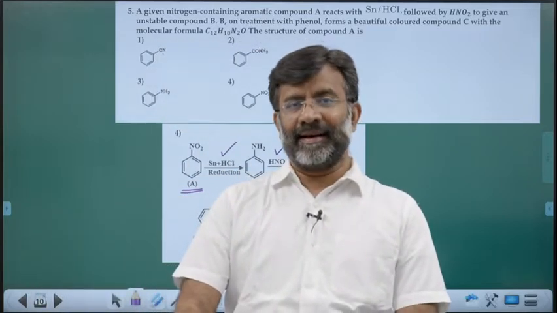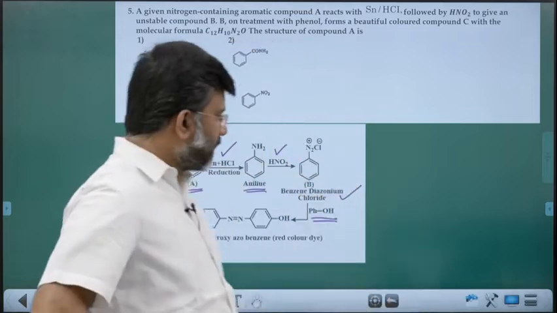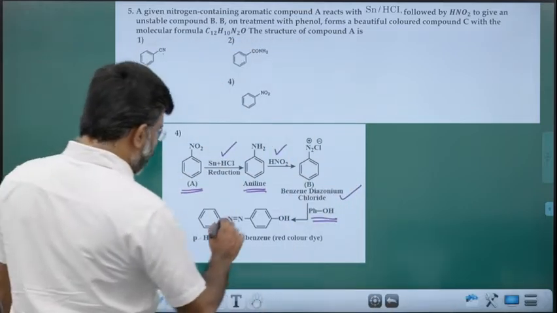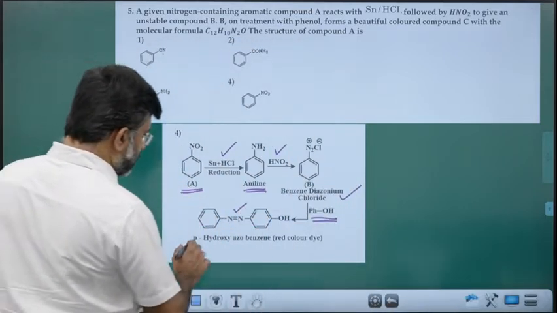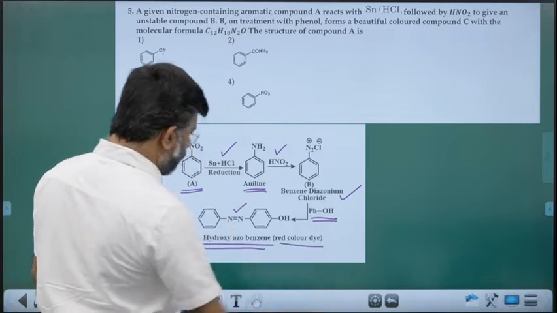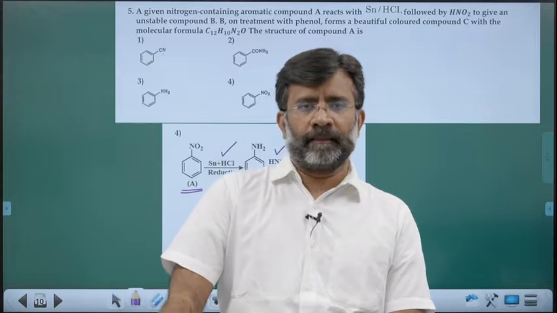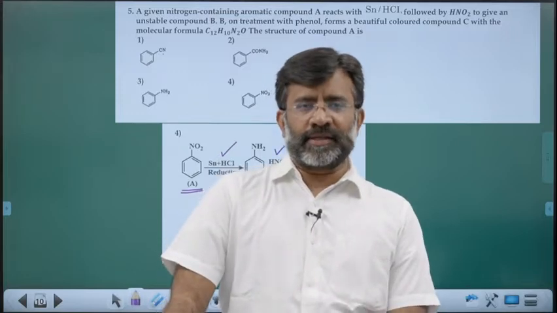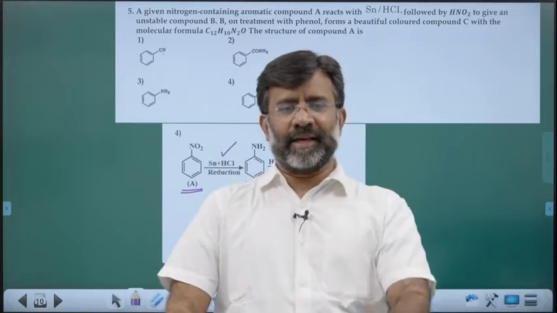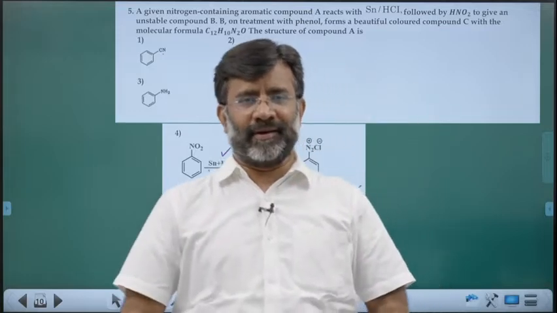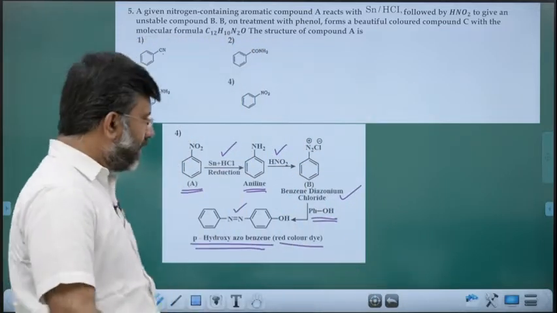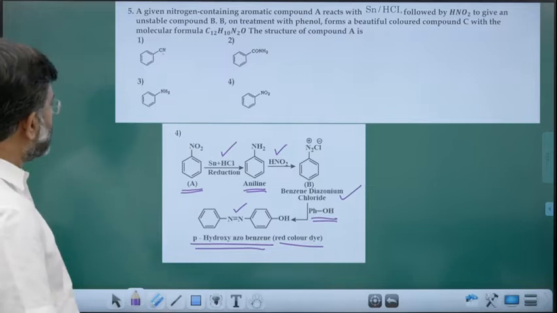That is a coupling reaction, and you get an azo product, para-hydroxy azobenzene, a yellowish orange colored dye. These reactions are all available in the NCERT, so learn them. The answer is the fourth choice.